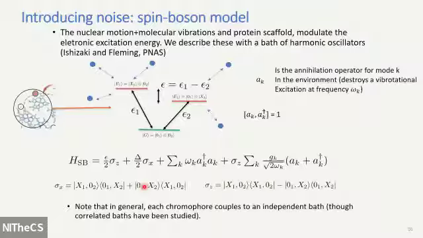So if those molecules are vibrating or moving around somehow, they interact with the electronic excitation. And in the basis we've written, this interaction will be in the sigma z basis, because it's affecting the energies of these electronic excitations. To model this nuclear motion, we don't really know what it is, so we just do the usual thing of pretending it's some bosons.